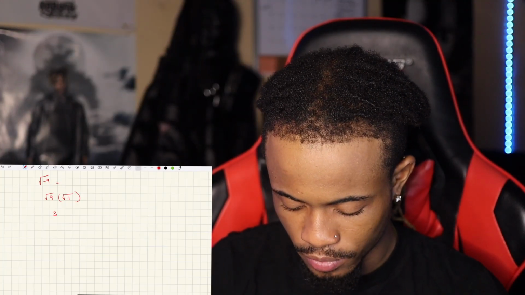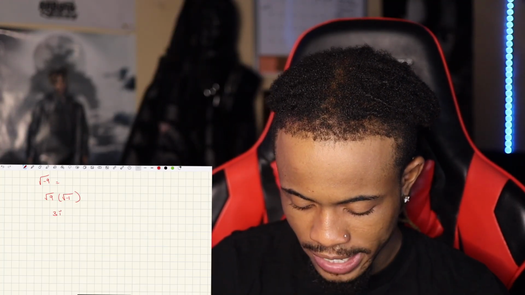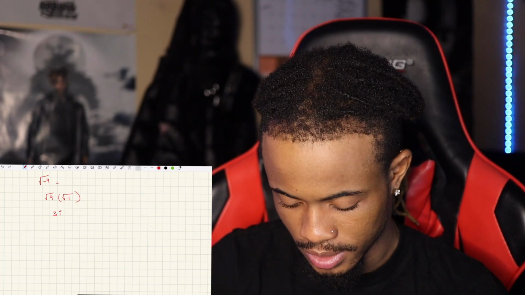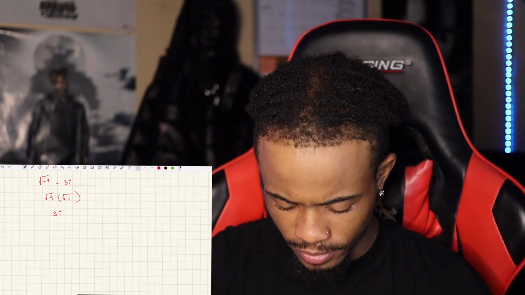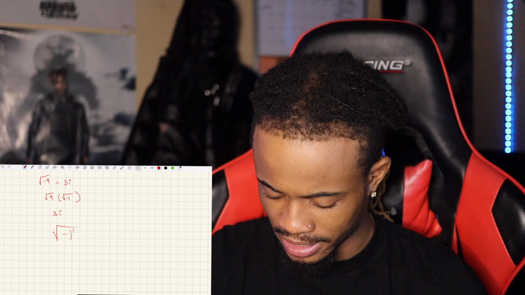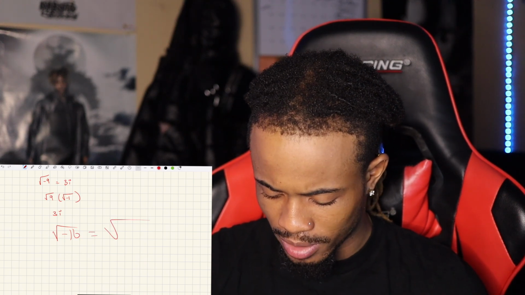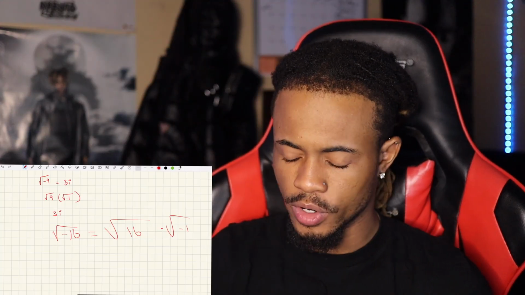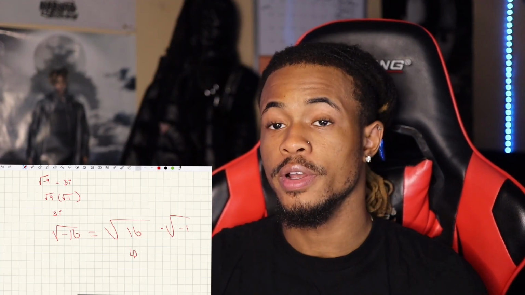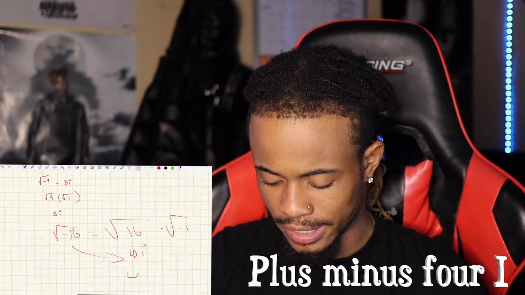The square root of -1 is i. So the square root of -9 will give you 3i. Now we can also do the square root of -16, which will come out to the square root of 16 times the square root of -1. The square root of 16 is 4, and the square root of -1 is i. So the square root of -16 will give you 4i.